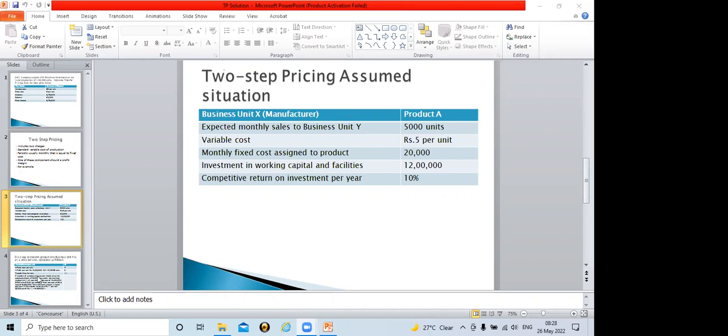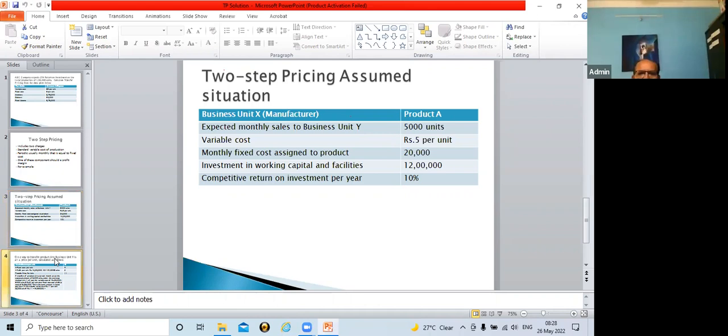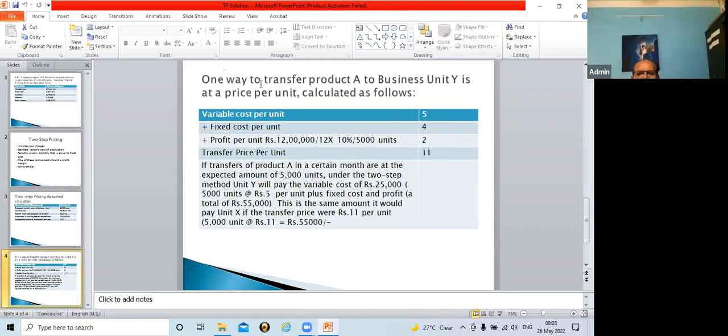Yes, sir. Okay, now look at this solution slide. One way to transfer product A to business unit Y is at a price per unit calculated as follows. We have calculated at what rate product A should transfer from unit X to unit Y. Now, the variable cost we have picked up from this case.